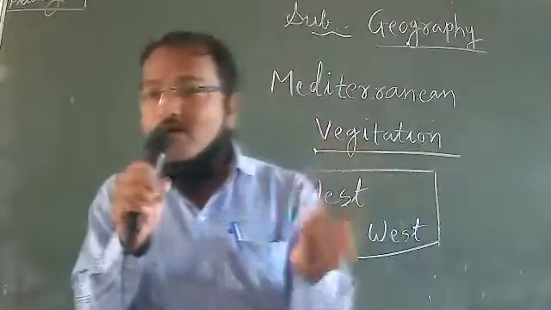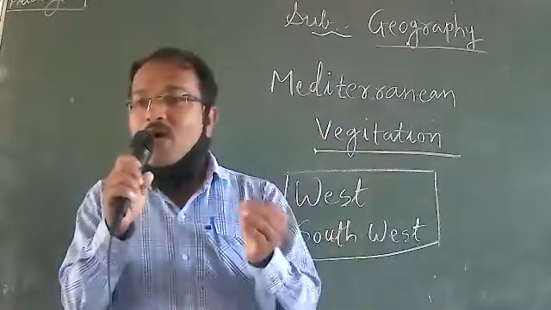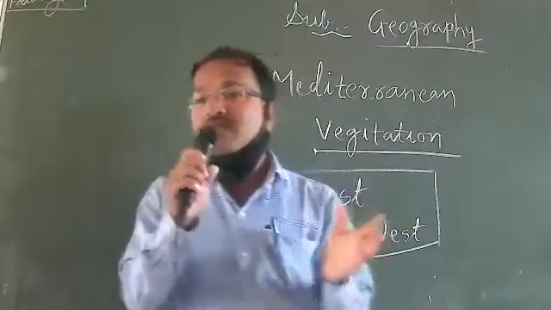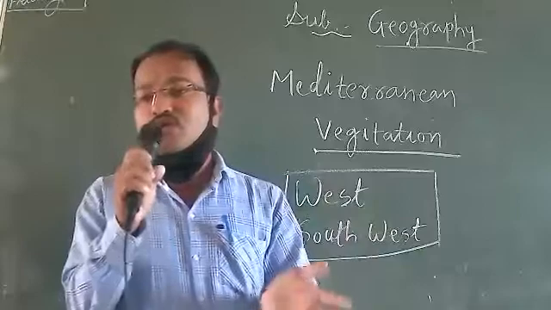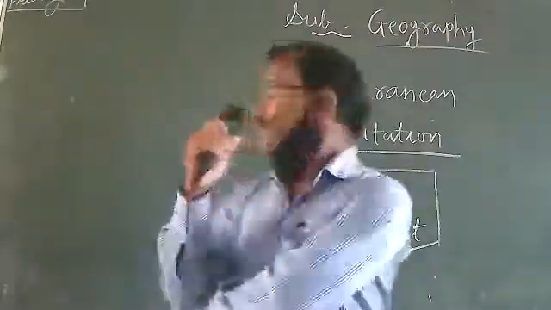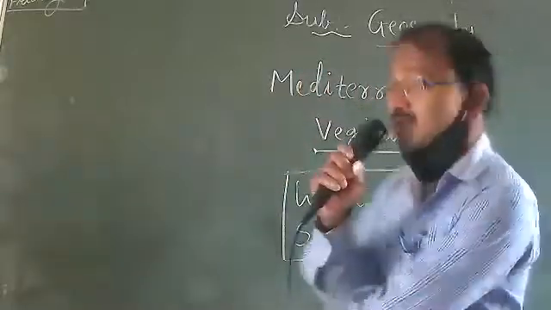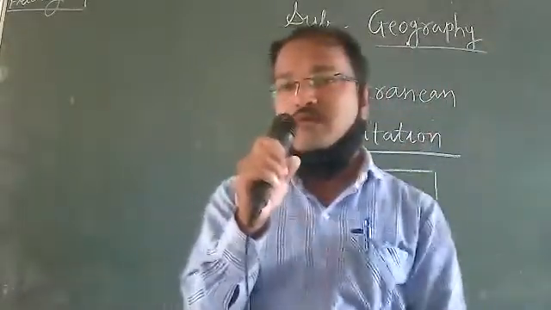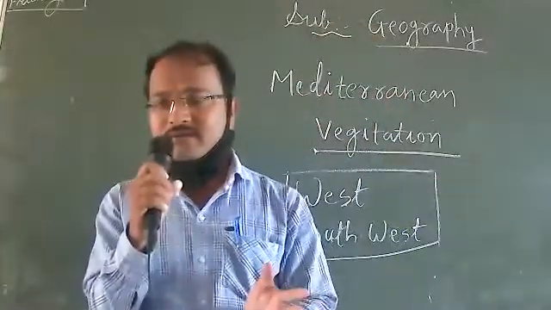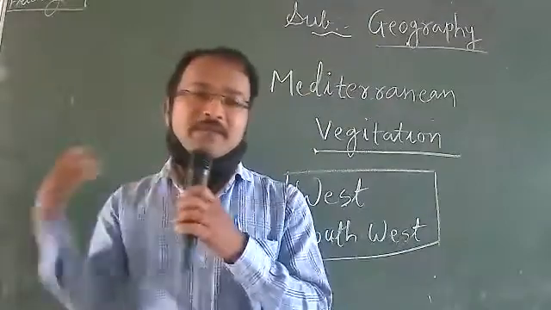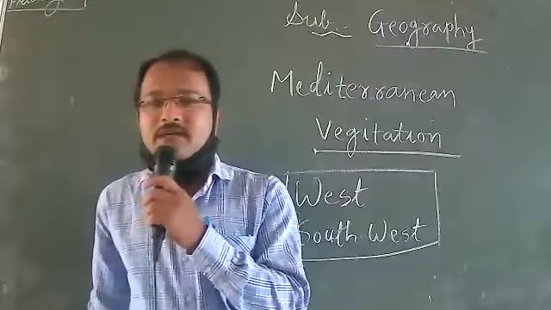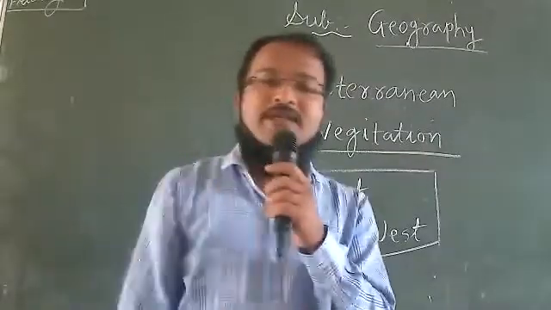Why? Because people have removed the natural vegetation in order to cultivate what they want to. There isn't much wildlife here. So this is the difference between temperate deciduous forest, temperate evergreen forest, and Mediterranean vegetation.